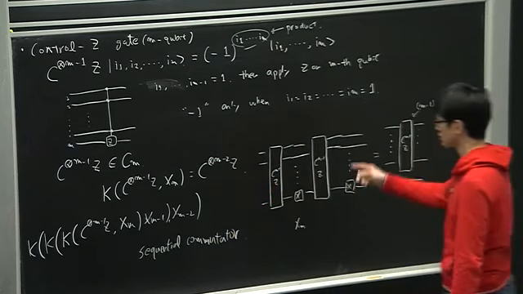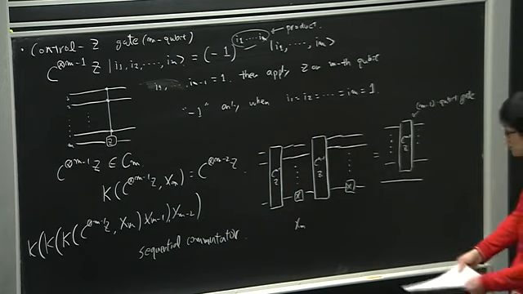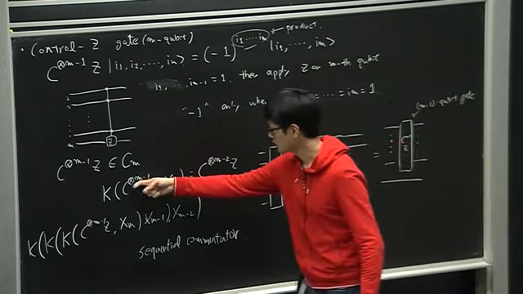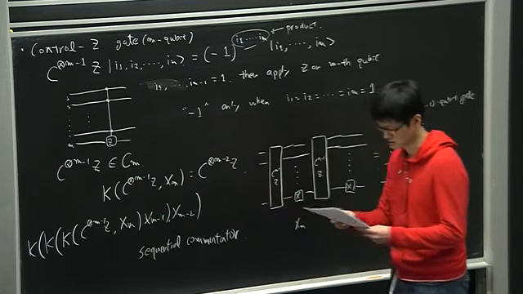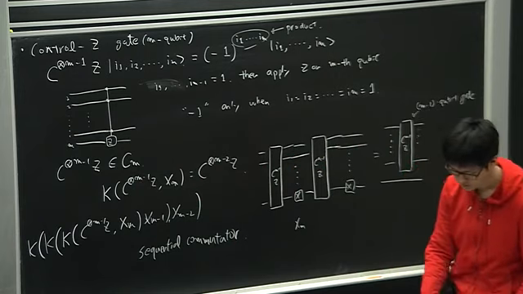Then you can show that, at the end of the day, this n-1 part becomes 0, and then you get just a Pauli operator. So that's how you can prove this.